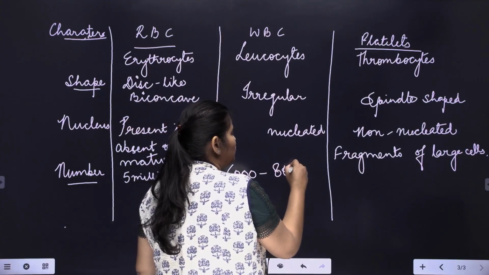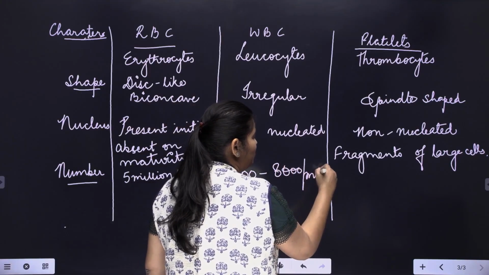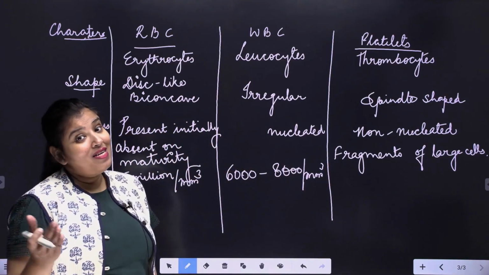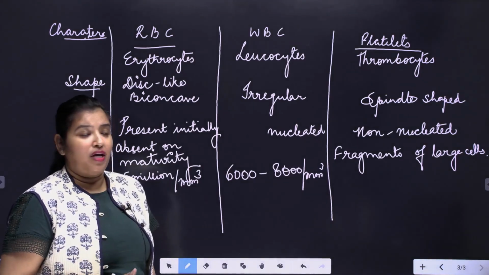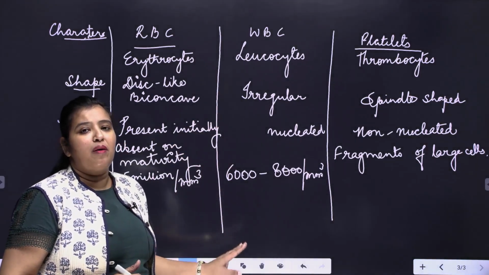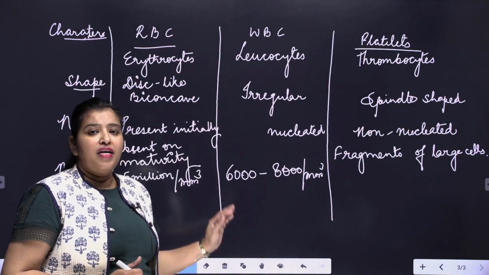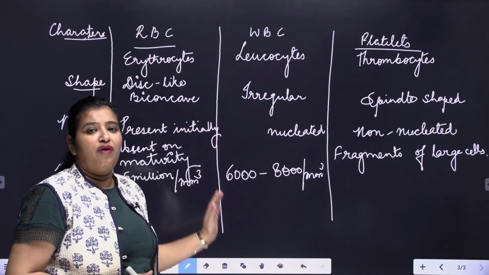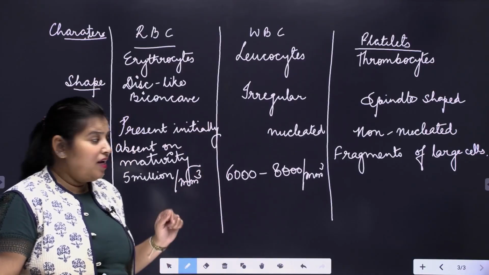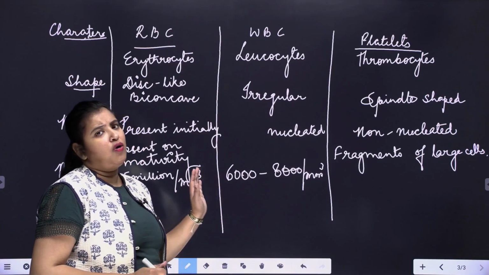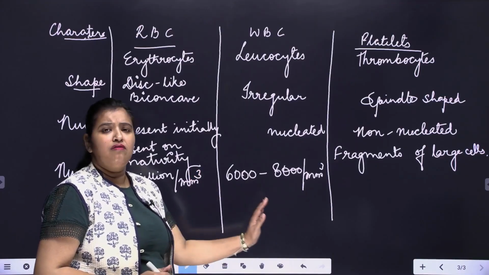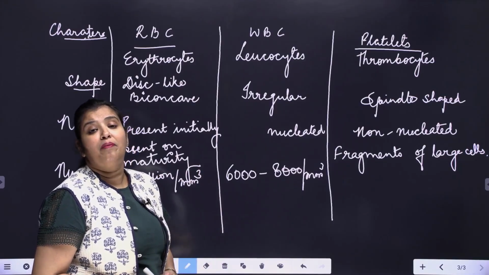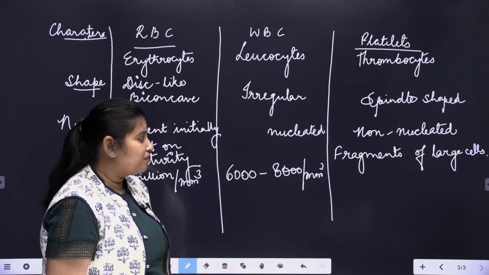It is about 6,000 to 8,000 per mm³ of blood volume, but the number increases when there is an infection in the body, because you know that the function of WBC, the white blood cells, is to provide a defense mechanism to our body. These help to fight infections. So in normal blood the number is 6,000 to 8,000 per mm³ itself, but it can increase up to lakhs depending on the level of infection.